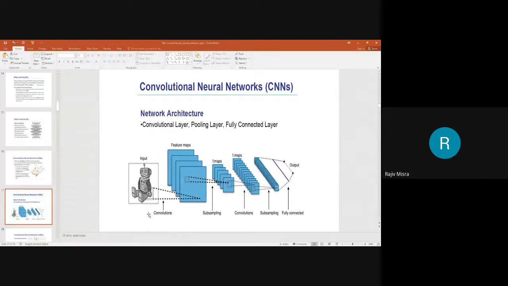The feature map contains these features of the image, which are understood using the mathematical operation called convolutions. Then you have the subsampling, and then you perform the convolution again to get more understanding, meaning other features, and so on. Finally, this will converge into the fully connected layers, and the last fully connected layer will output what this image is, and hence its classification will be performed.